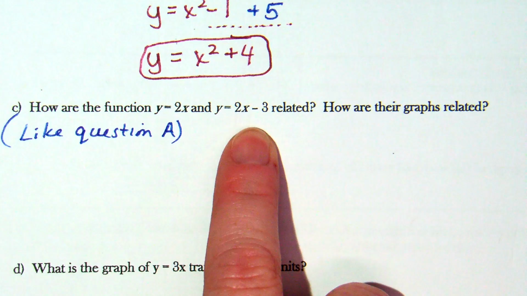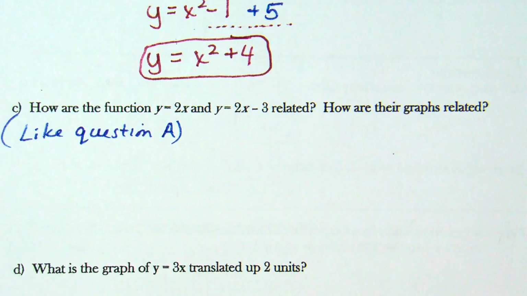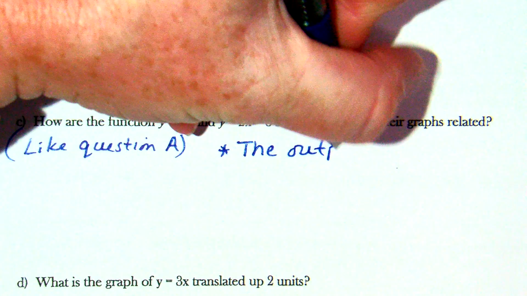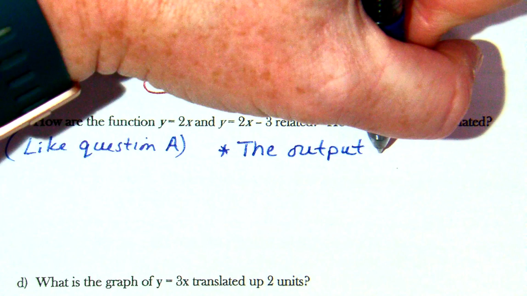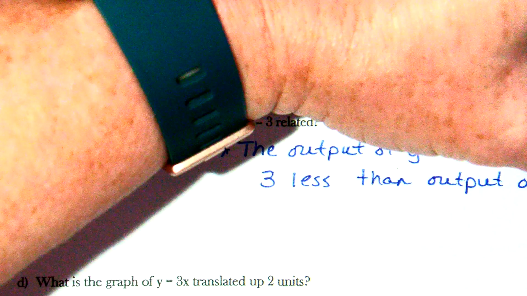Okay? So that's one thing I'm going to write, that the output, and actually I'm going to shorten it and just say the output, I should have said each output, well, the output of y equals 2x minus 3 is 3 less than the output of y equals 2x.